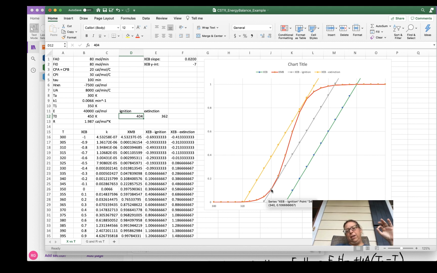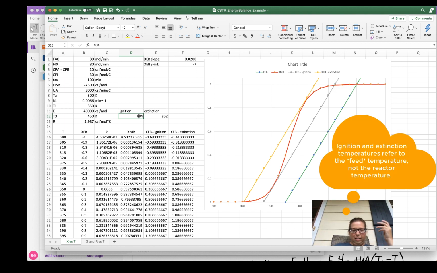So any feed temperature above this, at this point, my conversion would be on a low steady state. If I turn it up any more, then the next place where I would have a point of intersection would be up here. So I kind of had to play with that.